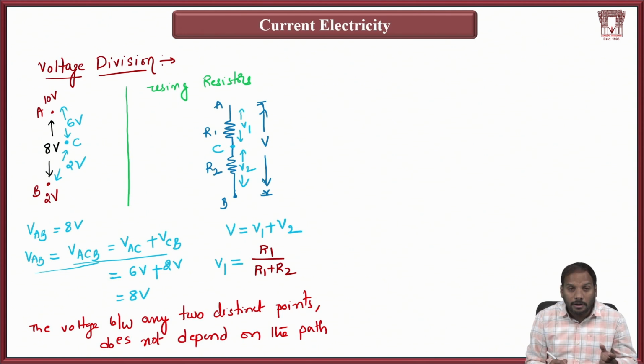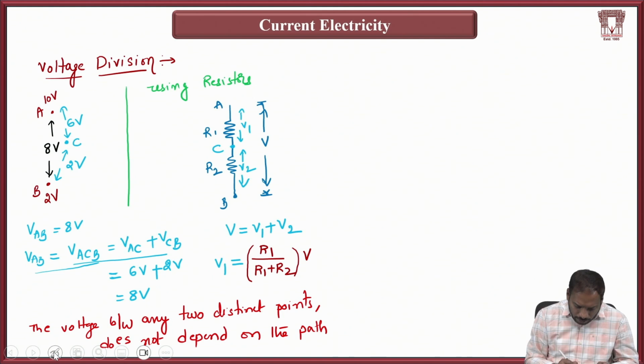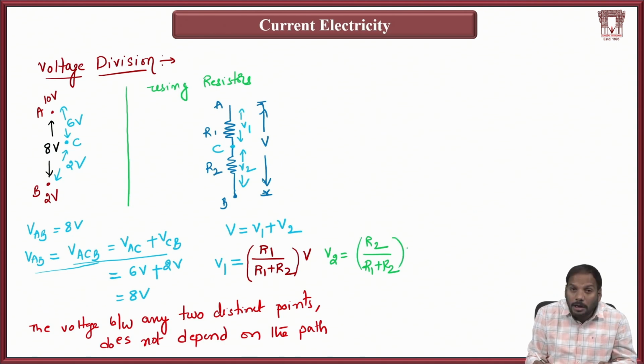You have to understand that. So V1 is equal to R1 divided by R1 plus R2, times the total voltage V. The value of V2, the voltage across R2, is R2 divided by R1 plus R2, times the total applied voltage V.